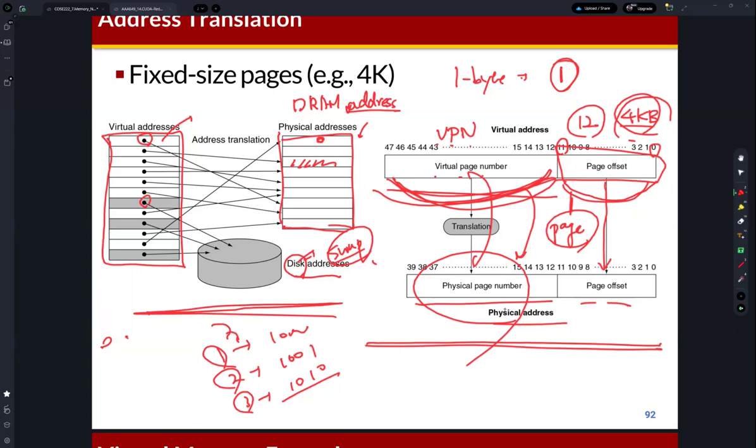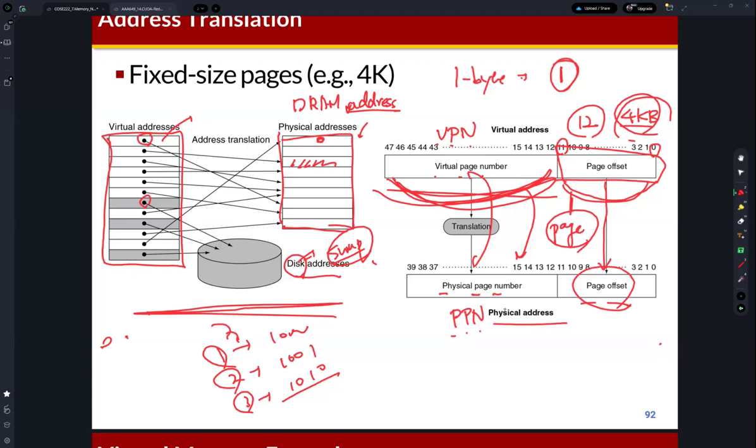This part needs to be translated into the physical address part, and the upper part of the physical address is called the physical page number, the PPN. And the lower 12-bit part is called the page offset.